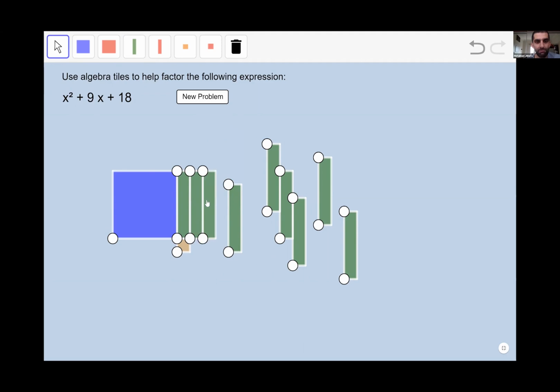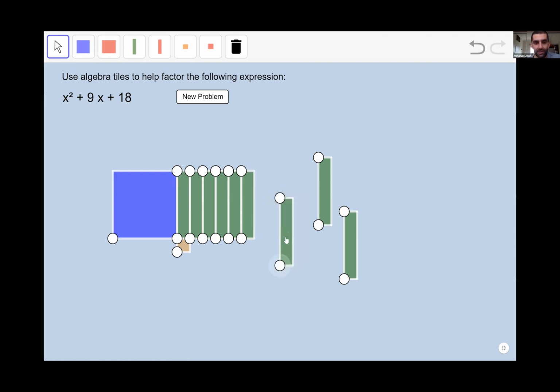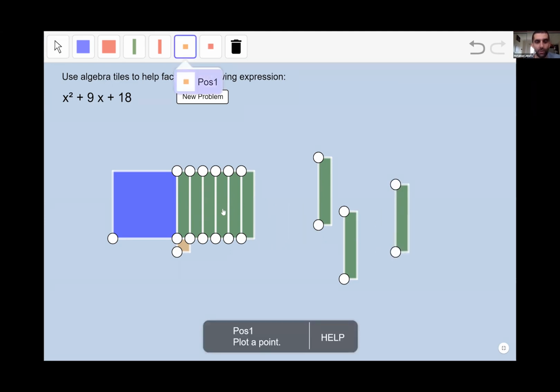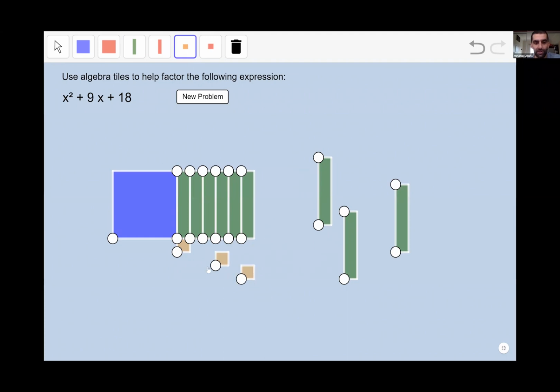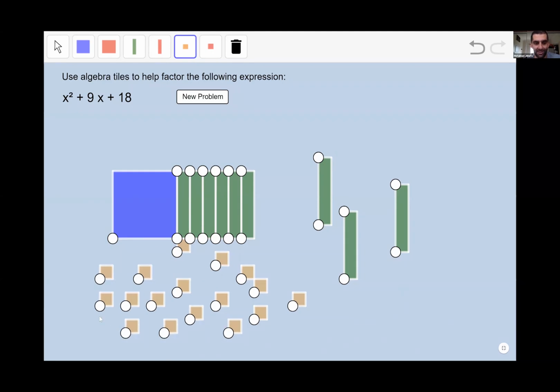Basically now my total area that you can see here is x squared plus 9x plus 1 at the moment. Now I need to get that to 18. I'll leave these here for a second and let's get 18 ones. I really should have chosen some smaller numbers, but that's all right. 3, 4, 5, 6, 7, 8, 9, 10, 11, 12, 13, 14, 15, 16, 17, 18. Okay, so now we have 18 ones.